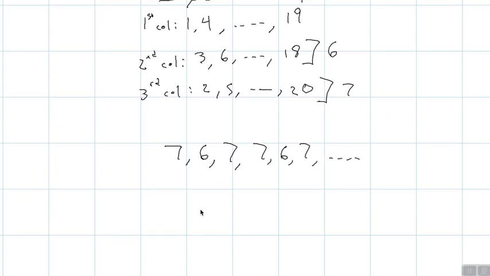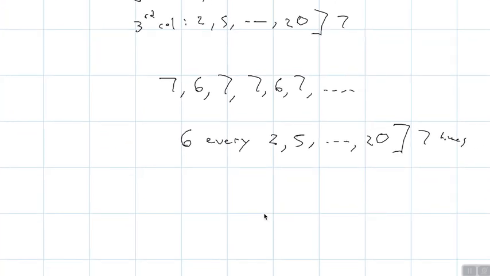So we can find the total number of times P shows up in the table by thinking that, let's just calculate how many times 6 shows up. So 6 shows up every second column, fifth column, and it's every third from there, all the way to 20. So 6 shows up 7 times.